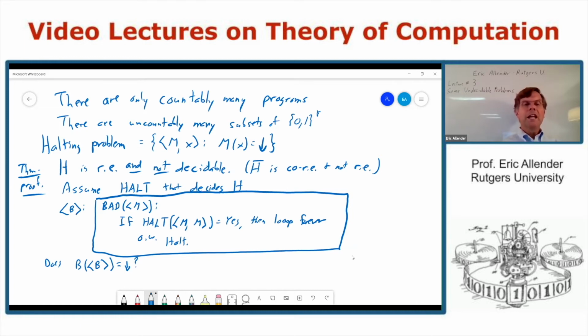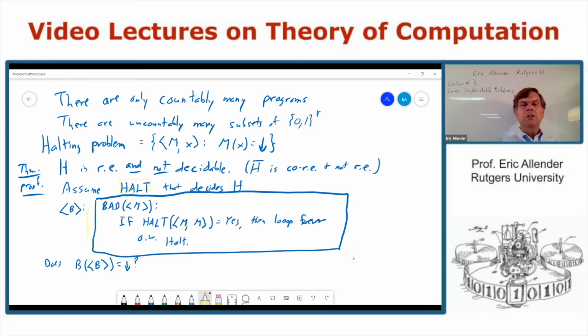And note that if the answer were yes, well, then what does this program do? Remember, we're running B, which is this program, on its own code. And if it does halt, by definition the subroutine is going to output yes, which means that this program B will loop forever, which means that if the answer is yes, then the answer is no. So that's impossible.